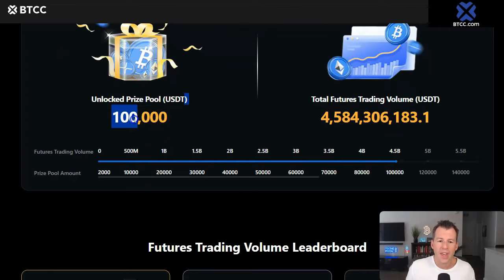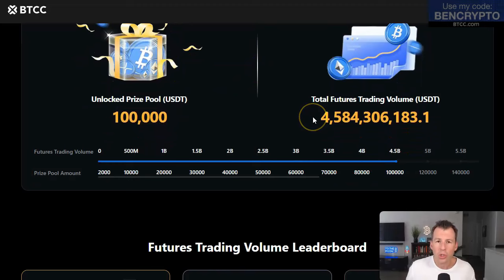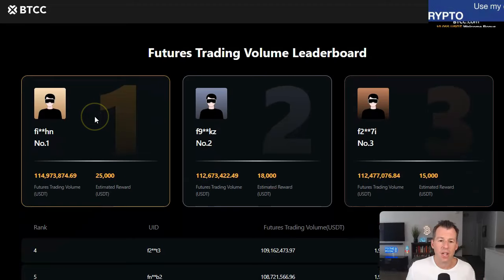Currently $100,000 of the $400,000 has been unlocked because we have a total trading volume amongst everyone of $4.5 billion. When we hit $5 billion, $120,000 will be unlocked. At $5.5 billion, $140,000 will be unlocked, until we hit a max $15 billion total trading volume, then the full $400,000 will be unlocked. And I expect when September 21st rolls around in a few days, we'll be much closer to that 400K figure.